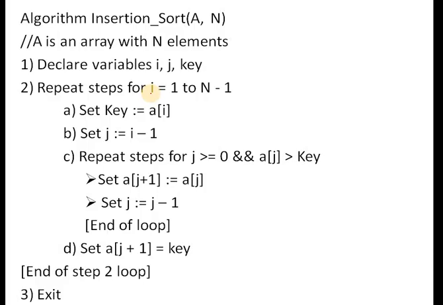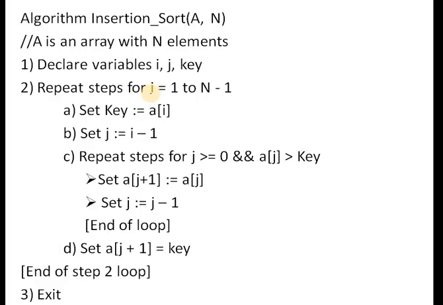And j we have to decrement, because we are traversing the sorted list in reverse order. So j is equal to j minus 1, and you have to check the condition again and again. Once the element has been compared with all the elements in the sorted list, you stop the j loop, come out of the loop, and insert the element at the position where the j loop stops.